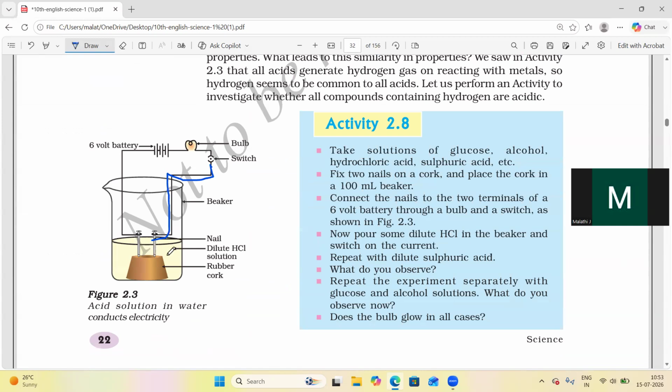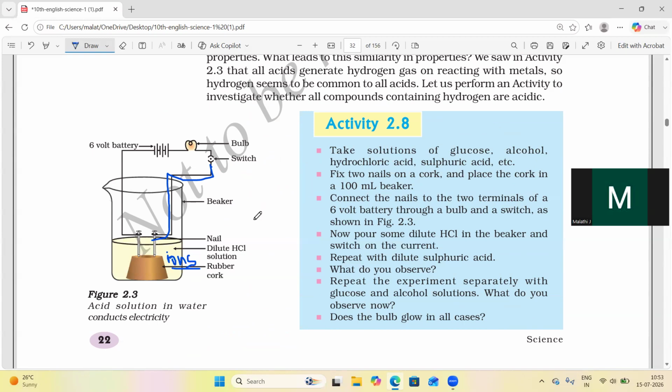How does it happen? There is a presence of ions. So what is common here is that acidic and basic solutions conduct electricity, and ions are responsible. When you add HCl to water, it dissolves completely and liberates H plus and Cl minus ions.